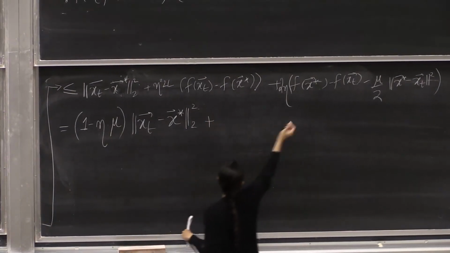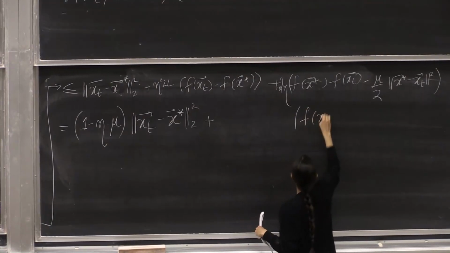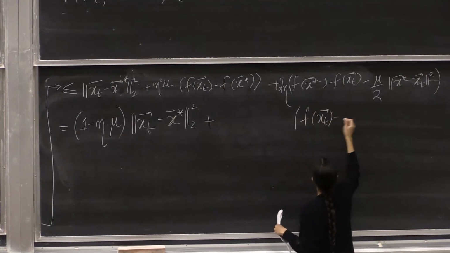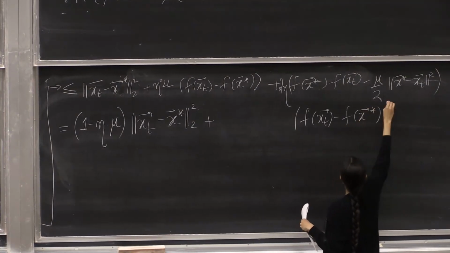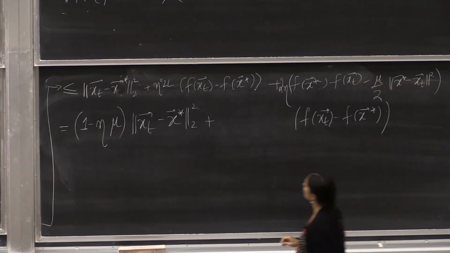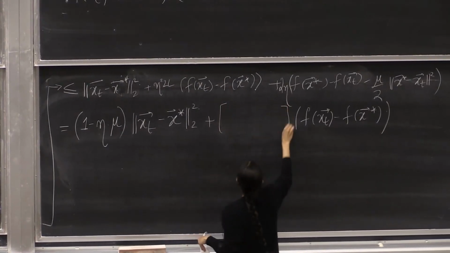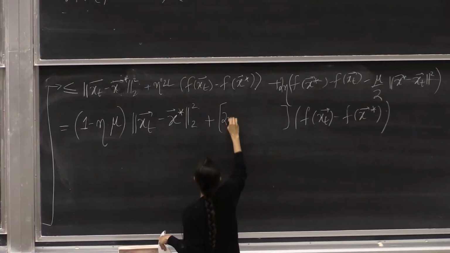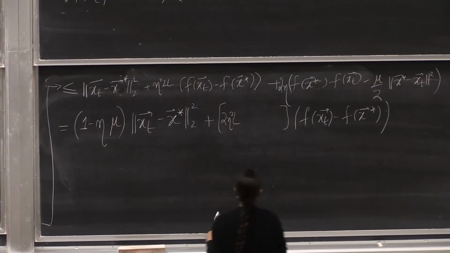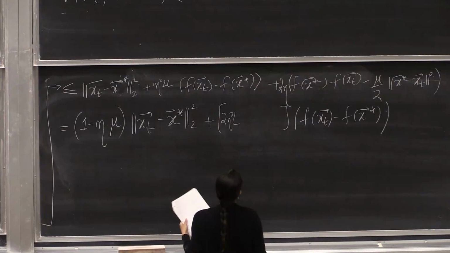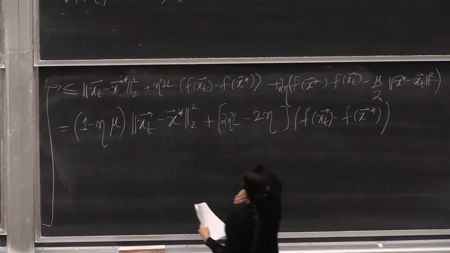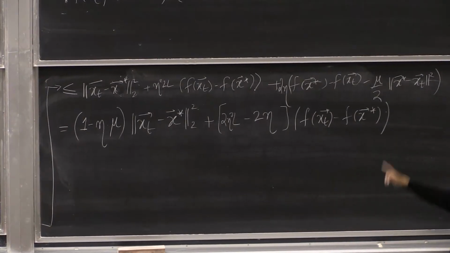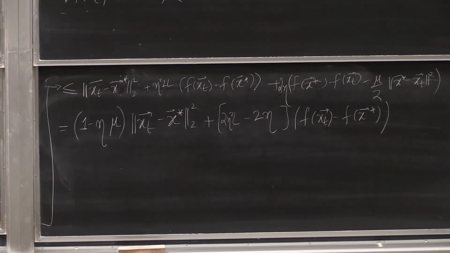And now plus, what is the coefficient in front of f of xt minus f of x star? Well, from here I have a 2 eta squared L, and then from here I have a minus 2 eta. So this is just equal to this. I've just grouped terms that are like each other next to each other.